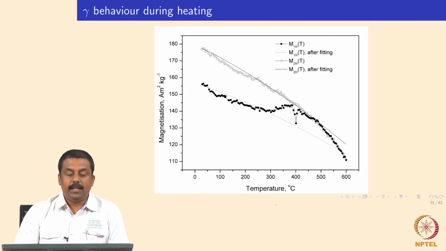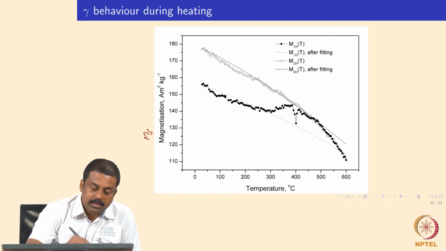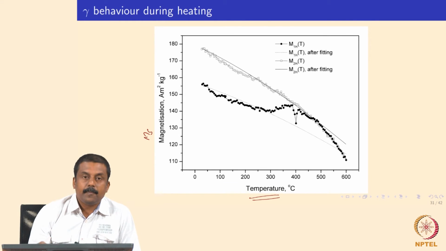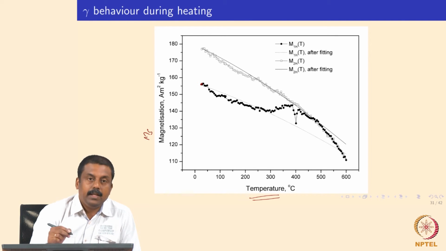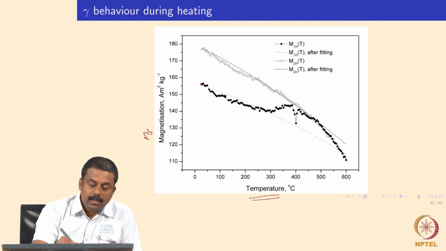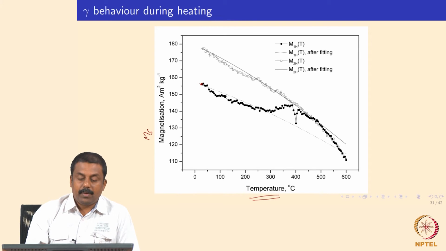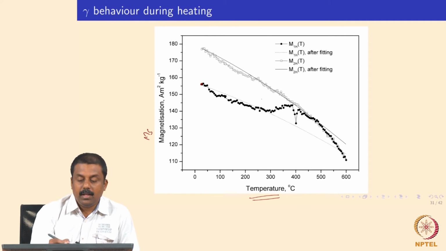So you can clearly see here the Ms, the magnetization measured as a function of temperature. If you look at room temperature, that is the room temperature mass magnetization value in a TRIP steel. So when a TRIP steel, a retained austenite containing microstructure, is heated up to higher temperature, what will happen then?